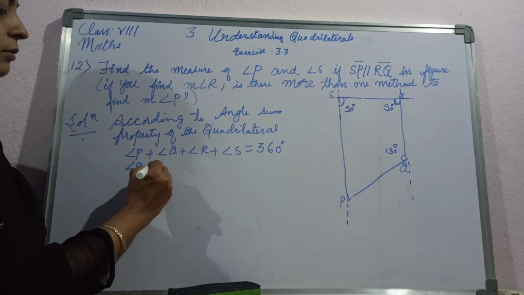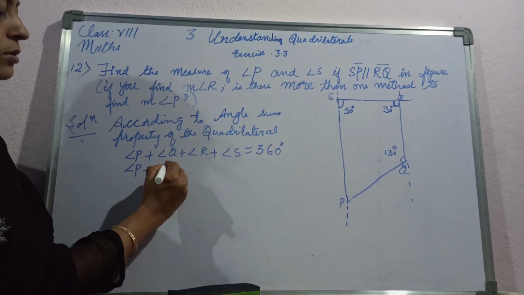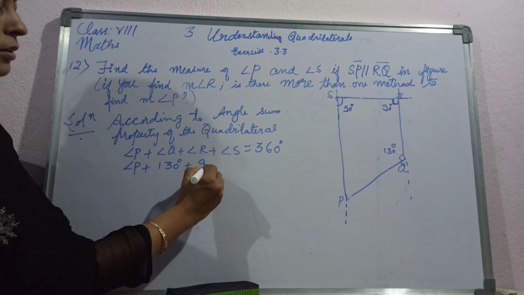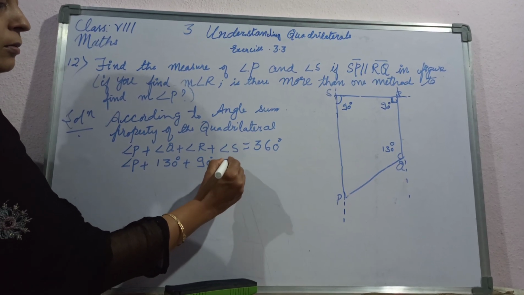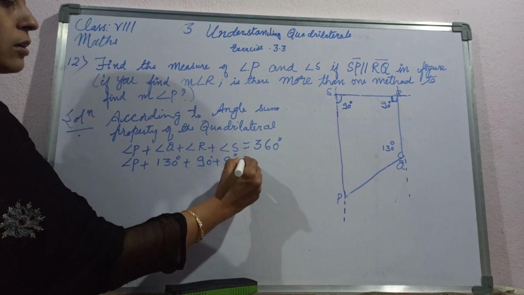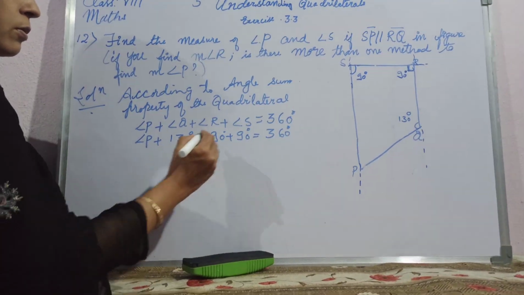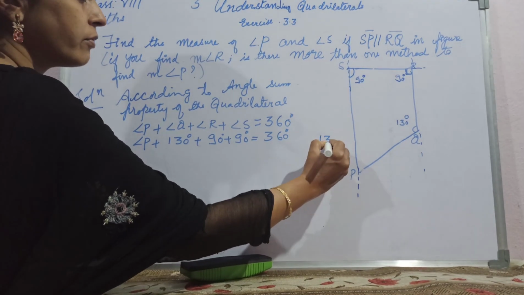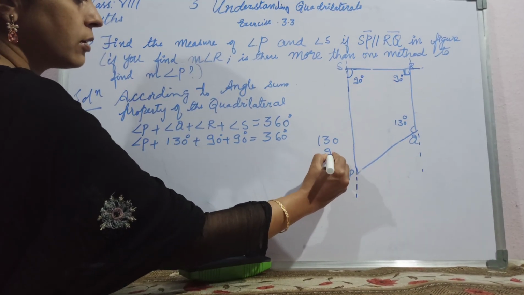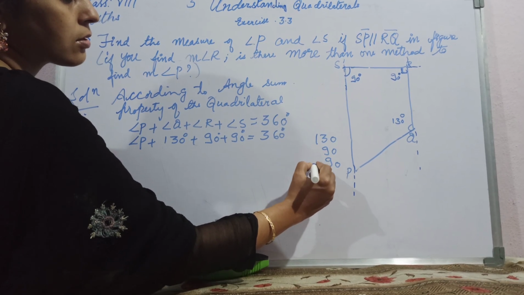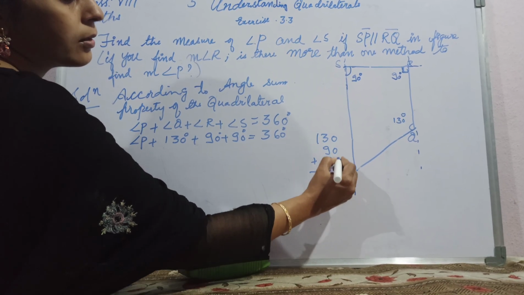P is unknown, whereas the rest are all known. So it is 130 plus 90 plus 90, which is equal to 360 degrees. So we have 130, 90 and 90 degrees. We are supposed to add them up.